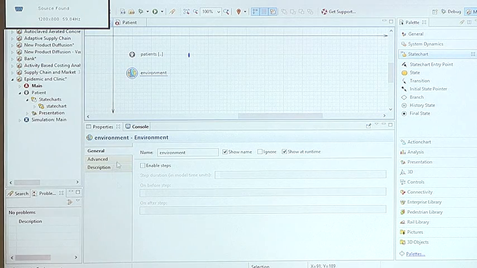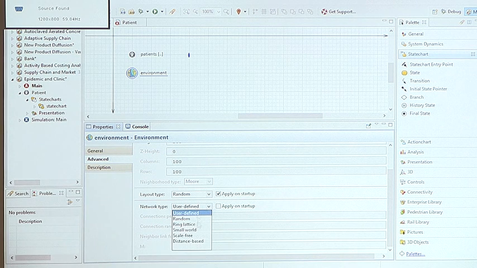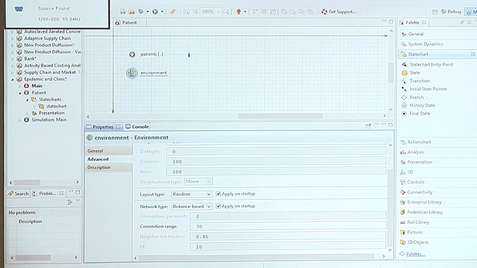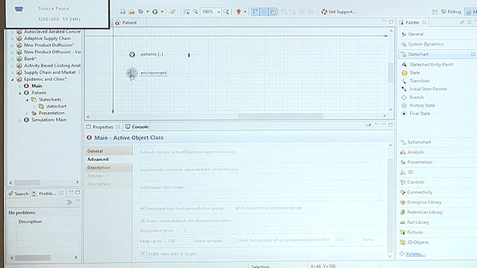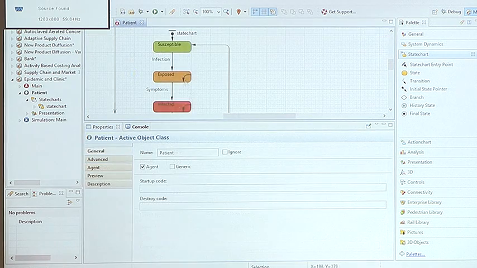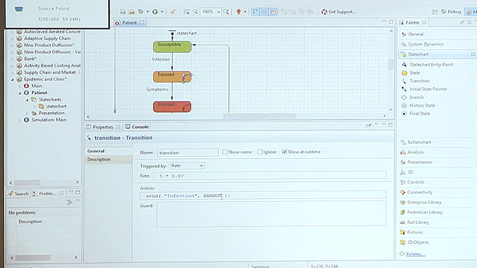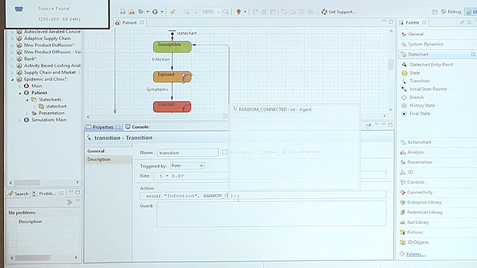So I'll say that my agents are linked in a network which is distance-based, and the connection range is 30 whatever kilometers. And in the patient, that was environment object. And in the patient, I will say that I'm not contacting random person, but random connected.